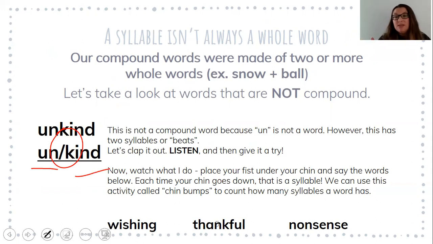Another trick is if you put your hand underneath your chin, or your fist, okay? Anytime your chin goes down, that's a syllable. So you can do a chin bump, unkind. 2. Try it out.